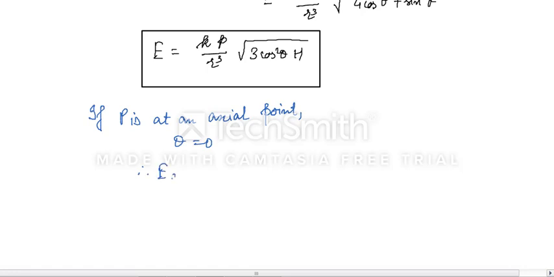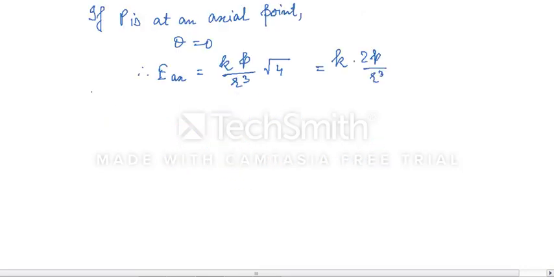Therefore, electric field at axial point will be equal to Kp by R cube into root under 4, which will come out eventually as K into 2p by R cube, which is the same as the formula we have derived in the case of axial point.